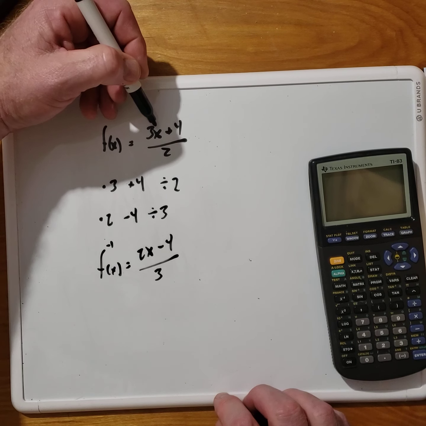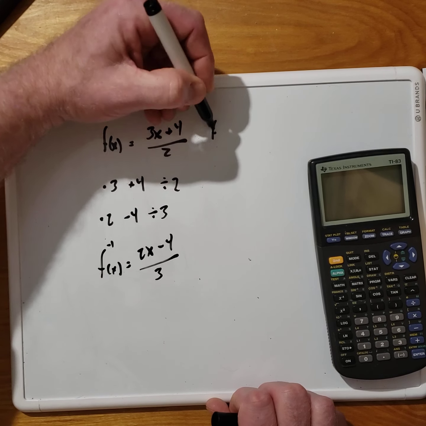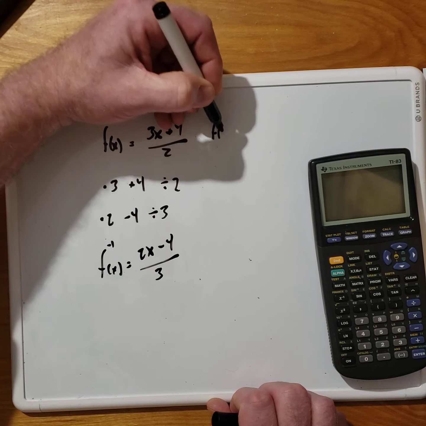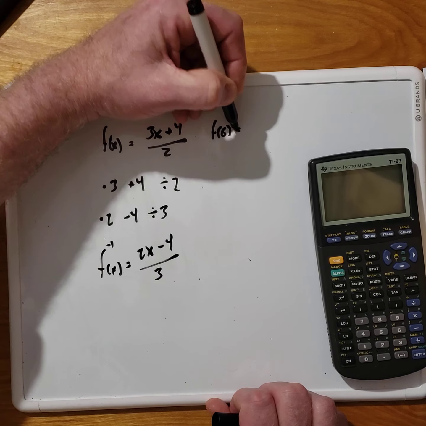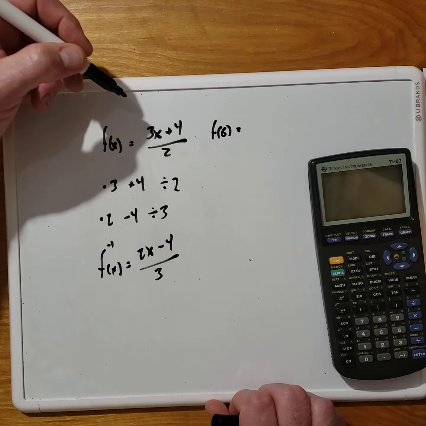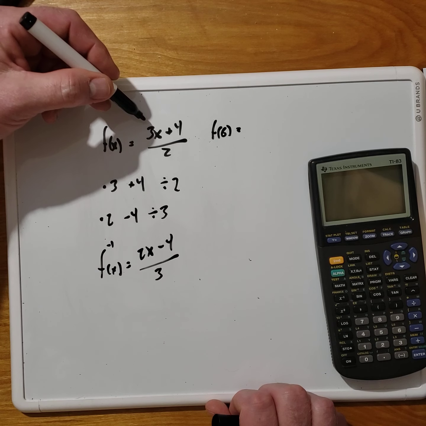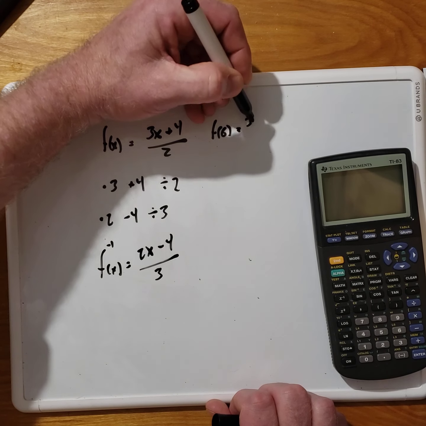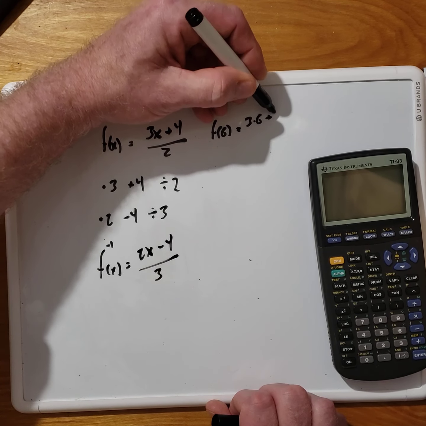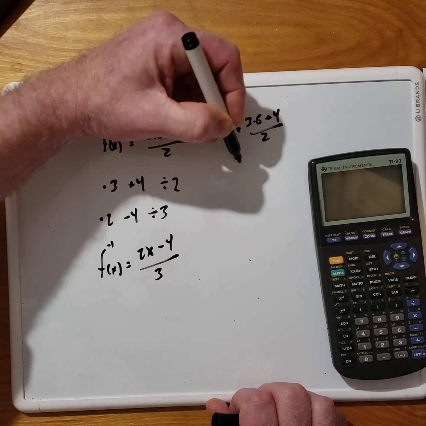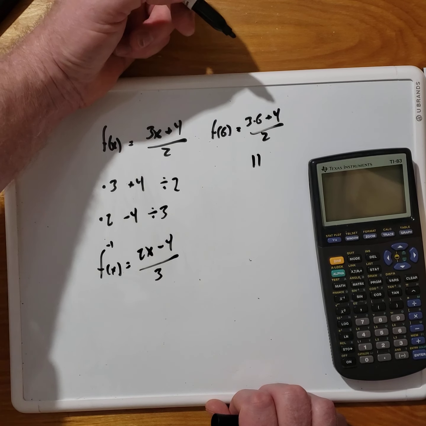And we can check if we want to put a number in here. If we want to do f of 2, let's do f of 6, just so we don't get that 2 and the other 2 confused. If we put a 6 in there, we get 3 times 6 is 18, plus 4 is 22, divided by 2 gives us 11.